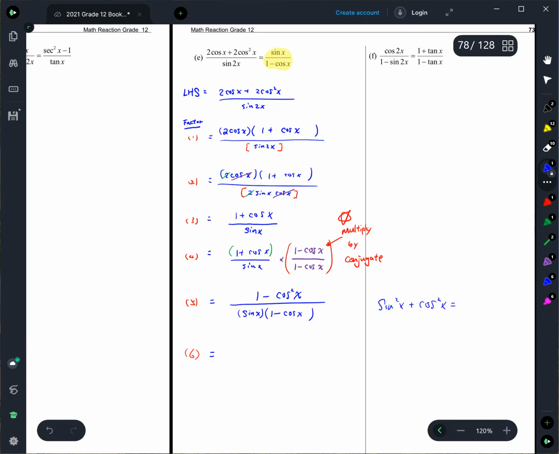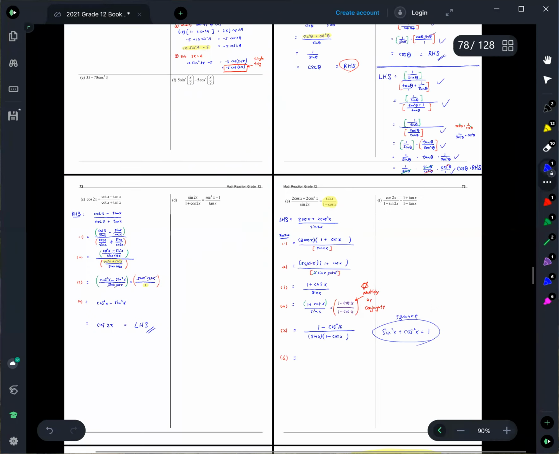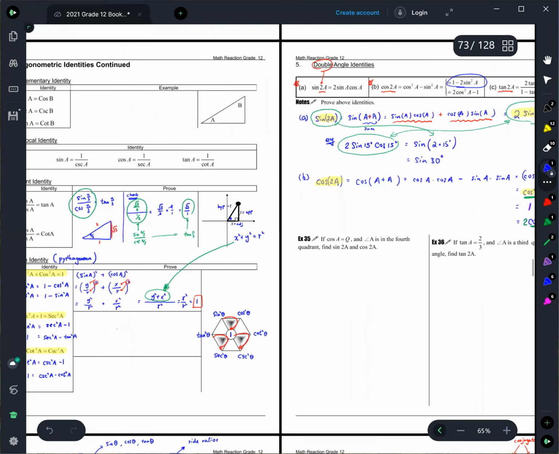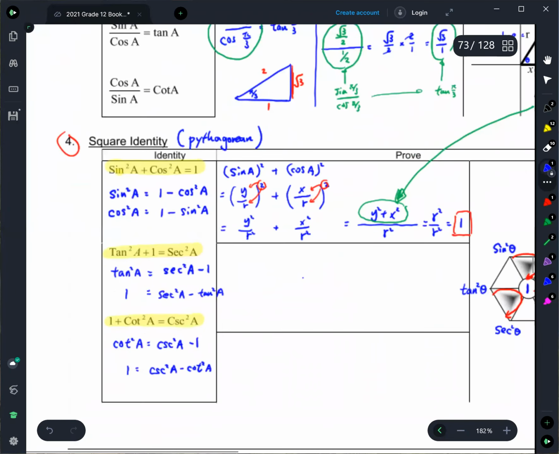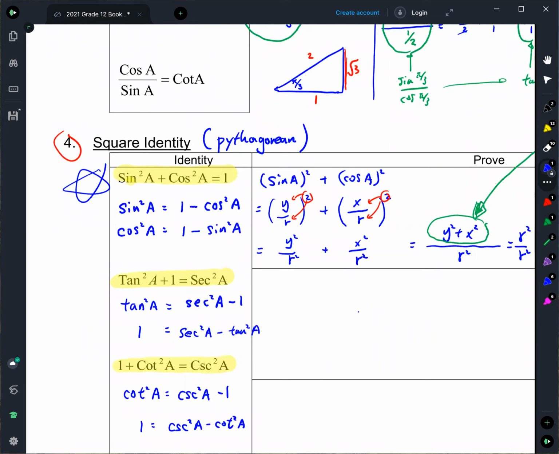Okay, let's write it down slowly on the side. Remember this one was a square identity. So left hand side and right hand side, they equal each other, but you can move them around. If you remember from the notes before, I think we wrote them down on your chart here. This one, sine squared will be 1 minus cosine squared.